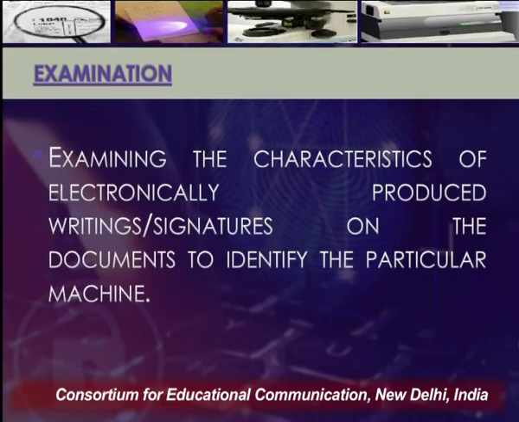Depending upon which kind of printer is used, we can easily identify whether a particular printout has come from this printer or not. Thirdly, to examine the characteristics of electronically produced writings or signatures on the documents to identify the particular machine. Here we are pointing towards the machine.